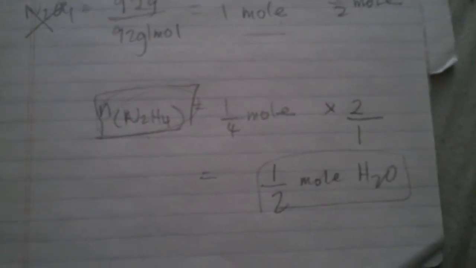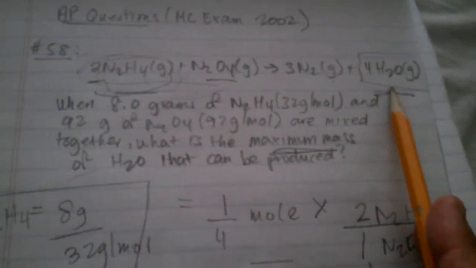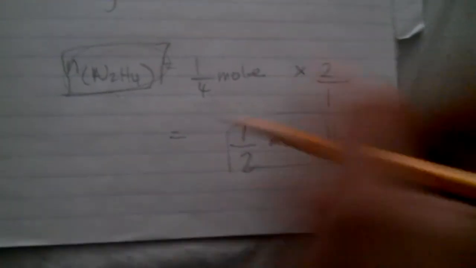So when we do that, we get half a mole of H2O. Now, this is what I love about moles, because moles explain the relationship. Whatever's slowing it down, everything else is based off of that. So we don't care that they gave us 4 moles of water, because that's not the true mole. The true mole depends on N2H4. So we have half a mole of water.